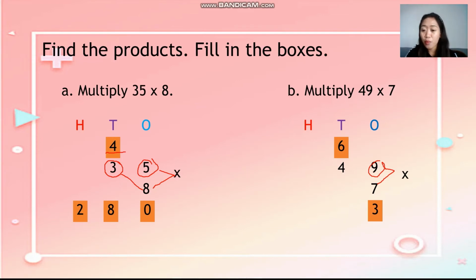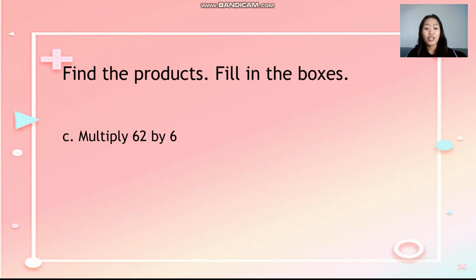Next, we multiply 4 times 7, which equals 28. 28 plus 6 equals 34. We write 4 in the tens place and 3 in the hundreds place. So 49 times 7 equals 343. Okay, very good.